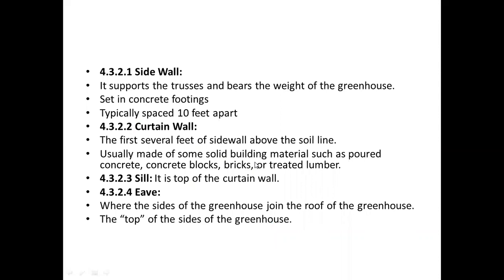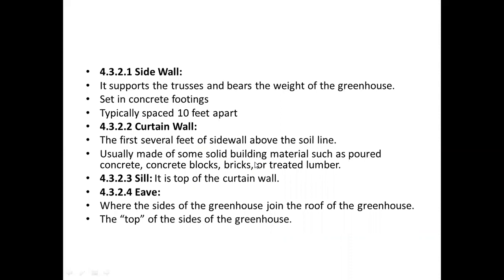Okay, so yeah, side wall. It supports the trusses and bears the weight of the greenhouse, set in concrete footings typically spaced 10 feet apart. So side wall is generally a wall which is supporting the truss and bears the weight of the greenhouse. Also, it is constructed in concrete wall and spaced at 10 feet apart from each interval. Then curtain wall.